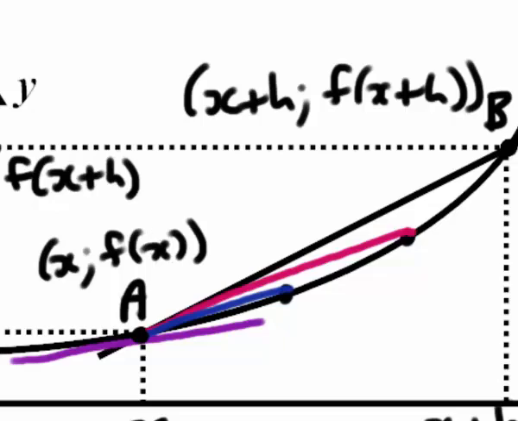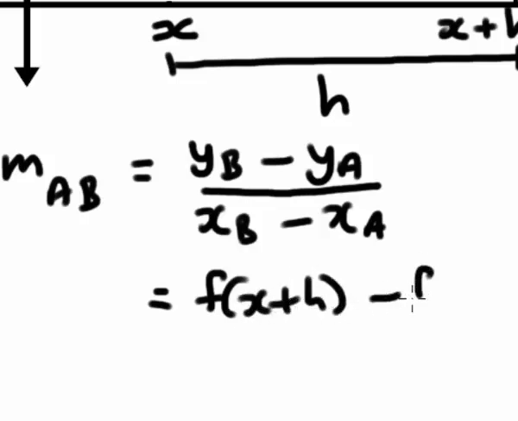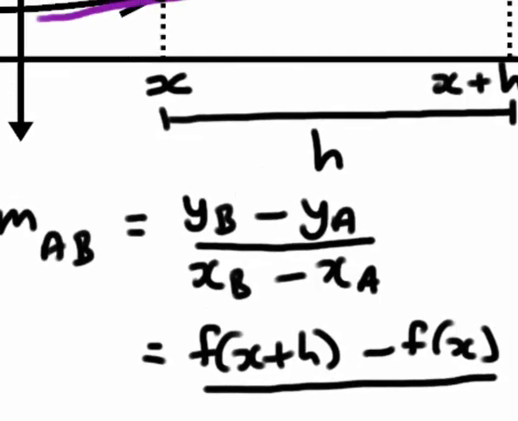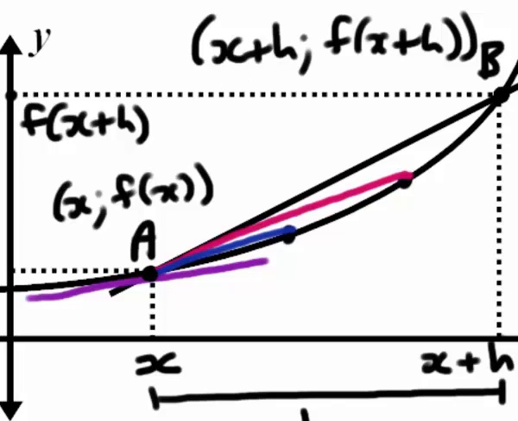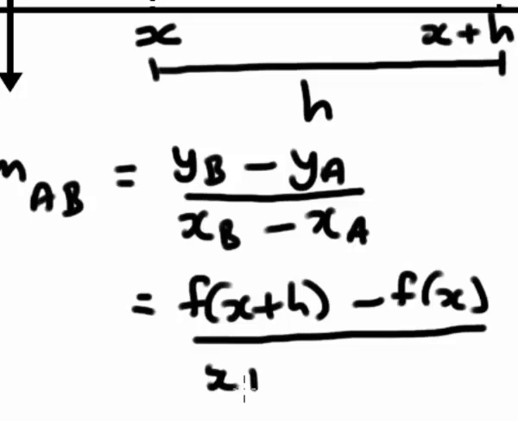So let's work that out. That gives us F of X plus H, subtract F of X. Those are the Y values. Then we divide this by the X of B, which is X plus H. And what is the X of A?